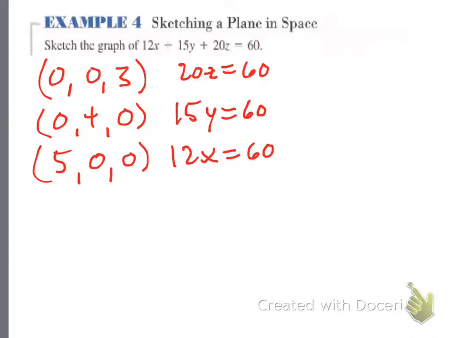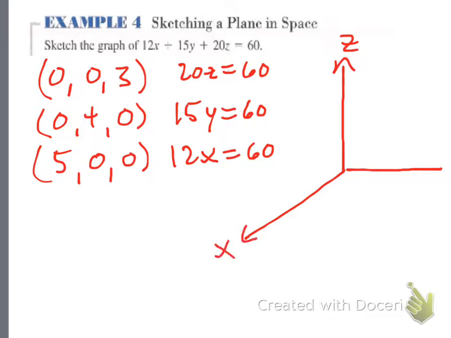Now we're going to plot those points on a three-dimensional plane. So here we are. That's a terrible line, not a good start. So we've got an axis here, an axis here. Here's your z, here's your x, here's your y.